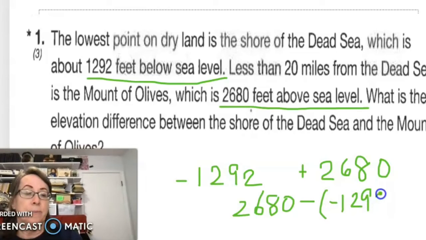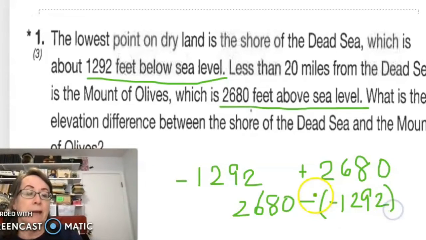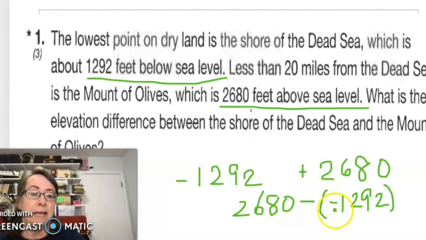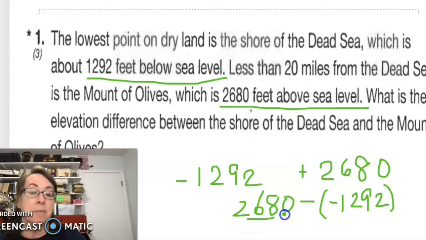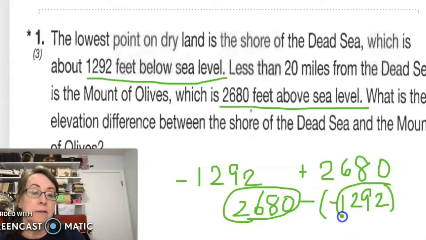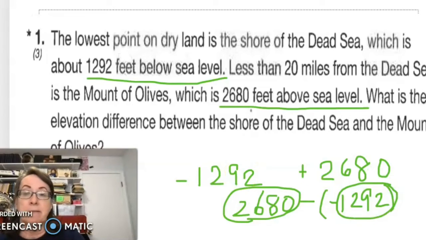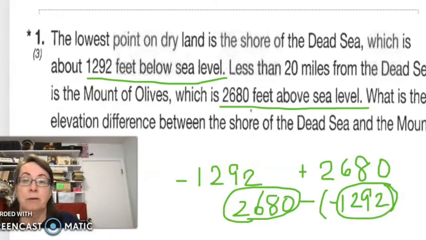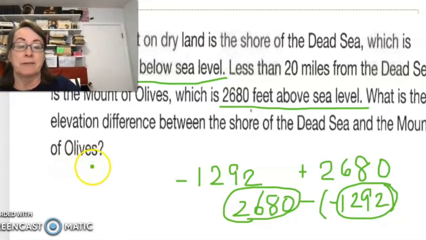Now we remember that when we minus a minus number, it ends up being the opposite of a negative, which is the positive. So what we're really doing is this number plus this number. Let me see if I can move my little box up and have some room.